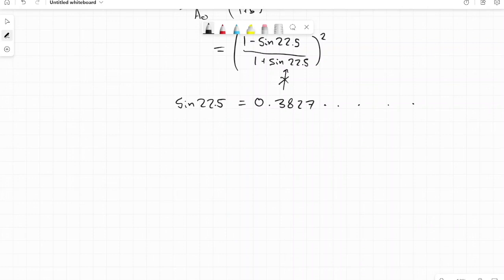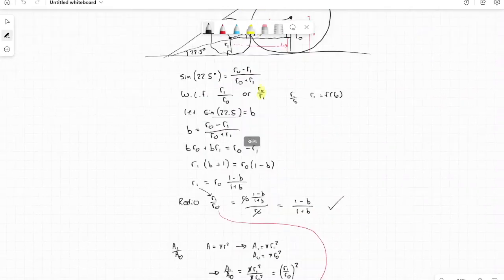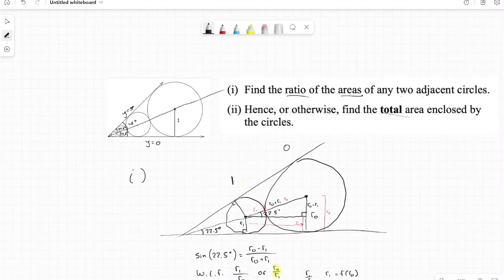And the answer for that is on your formula sheet, which is one of the double angle trig identities, which I've got written down in my notes somewhere. Here we go. It's actually a bit of a sneaky one, because double angle usually doubles the angle, but we know that 22.5 is 1/2 of 45, because this whole thing was 45, and we've just taken a little half sliver of it.